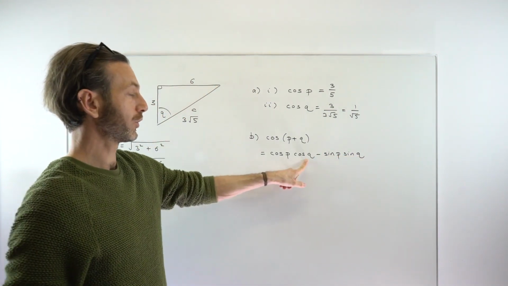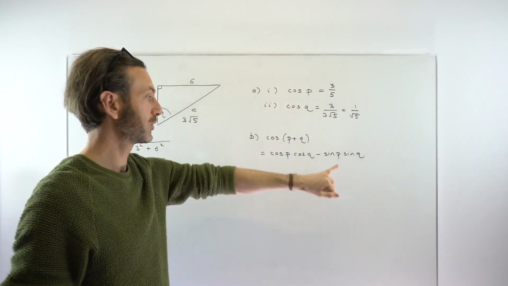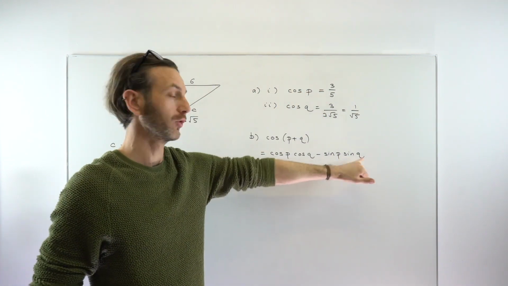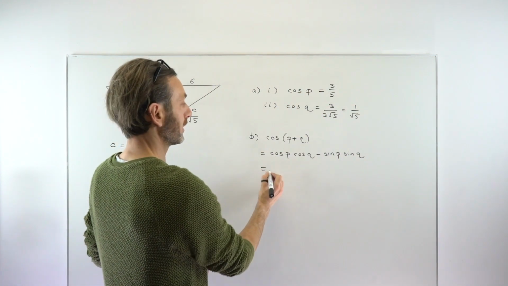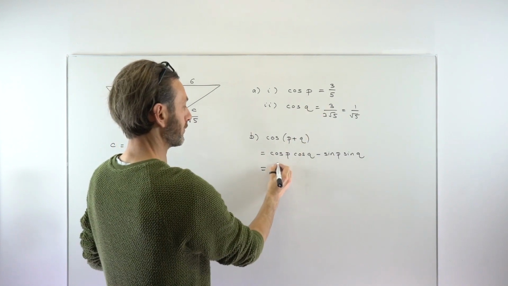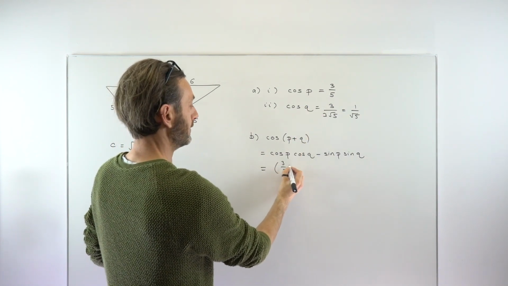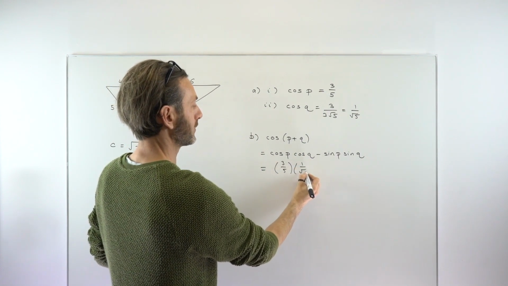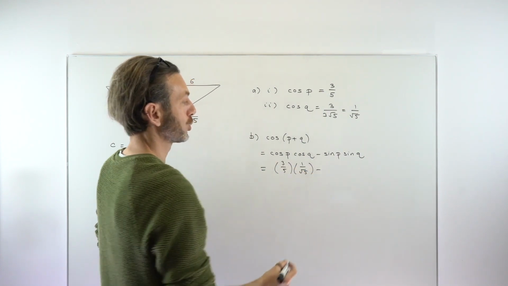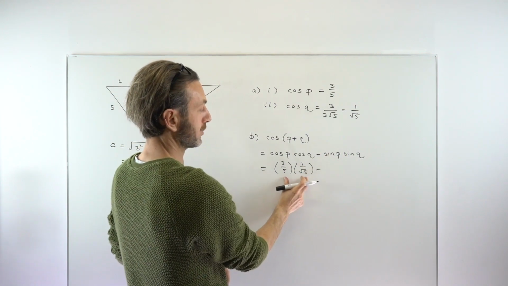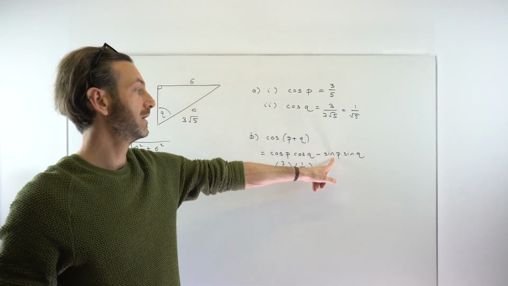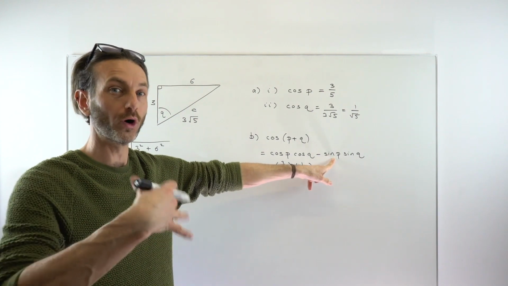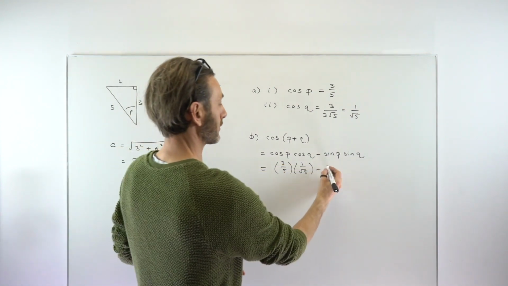These two we've already got. We worked those out in the first part of the question. These we don't have, so we've got to work those out. Starting to plug in our numbers, cos p is 3 over 5. That's multiplying, remember, the cos q, so I'm just going to use a bracket to separate those, so it's 1 over root 5. If we get these right, we'll get similar denominators, because the sine in SOHCAHTOA is also over h, over hypotenuse, so that's a good way to judge it.